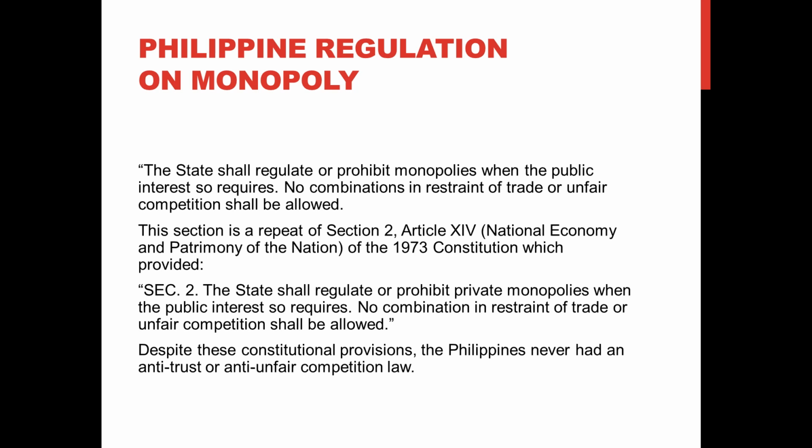This section is a repeat of Section 2, Article 14, or the National Economy and Patrimony of the Nation of the 1973 Constitution, which provided, Section 2, the state shall regulate or prohibit private monopolies when the public interest so requires. No combination in restraint of trade or unfair competition shall be allowed.